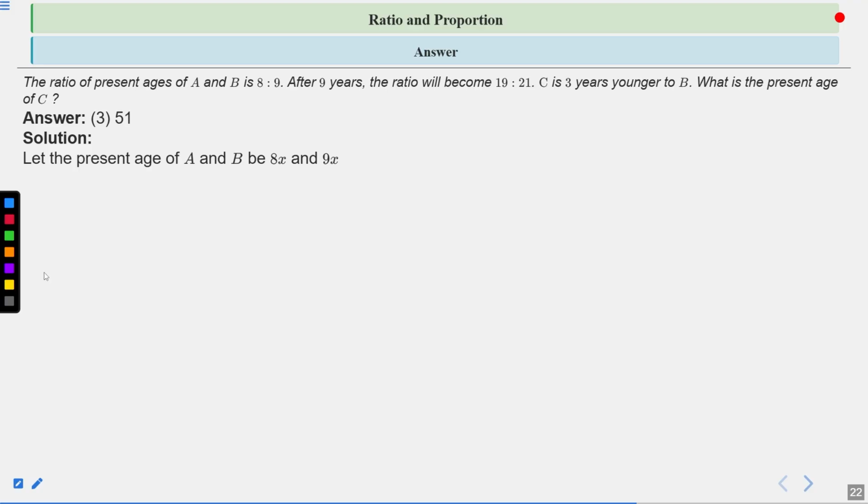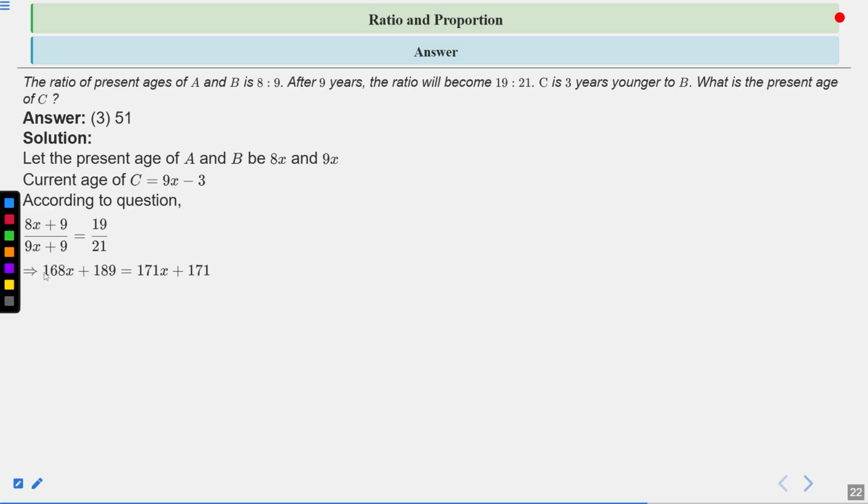So let the present ages of A and B be 8x and 9x. So the current age of C is 9x minus 3. So according to the question, we can say that 8x plus 9 upon 9x plus 9 is equal to 19 upon 21.